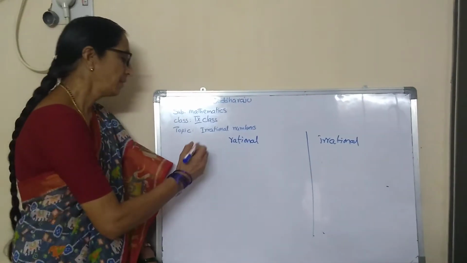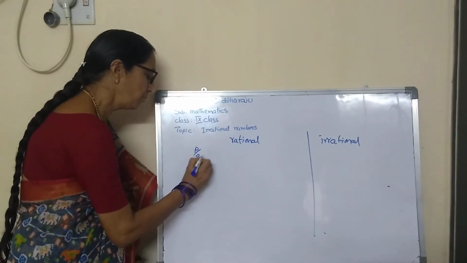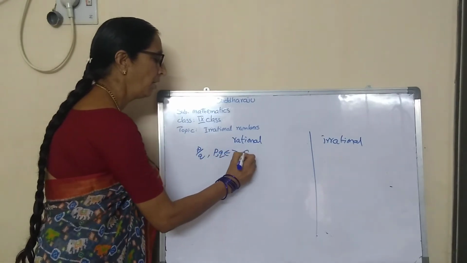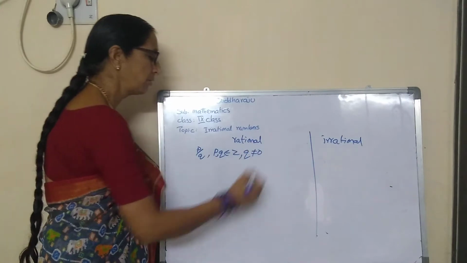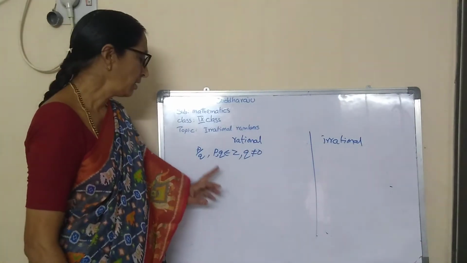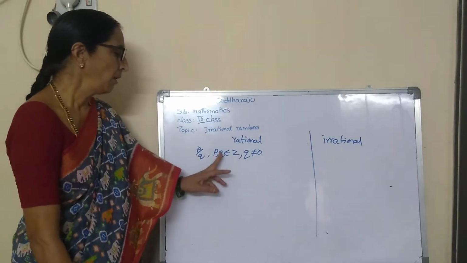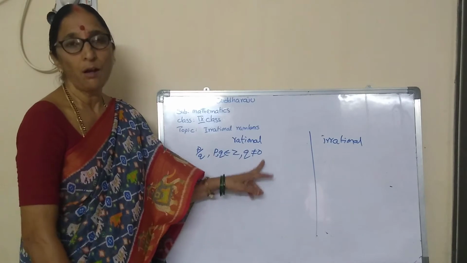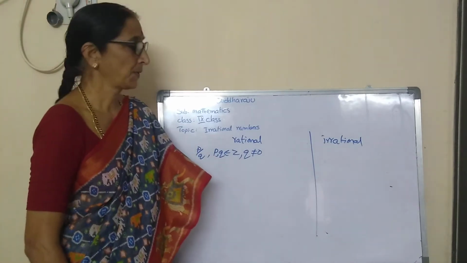Yes, it is in the form of p by q, where p, q belong to Z and q is not equal to 0. The numbers which we can write in the form of p by q are the rational numbers.